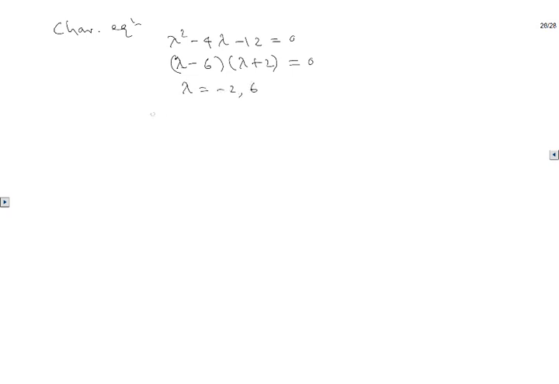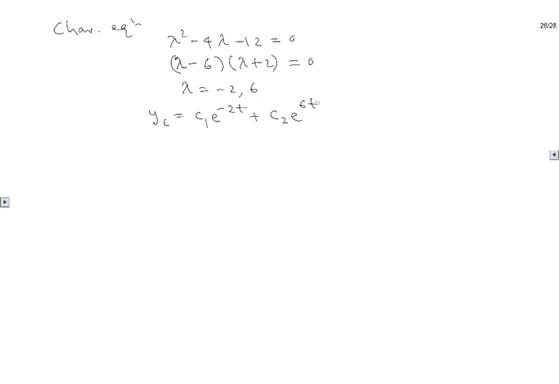So we're going to have y_c equal c1 e to the negative 2t plus c2 e to the 6t. You can see that e to the 6t is already a solution of the homogeneous equation.